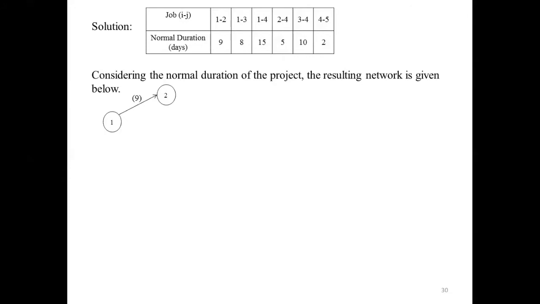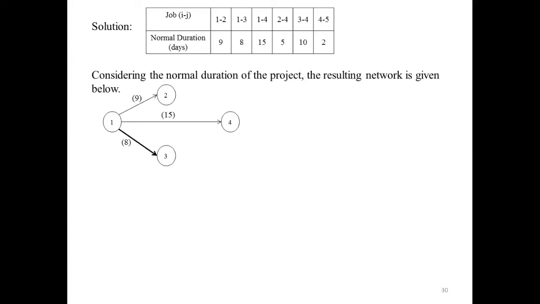Then similarly for 1 and 3, you write node 3 below node 2, and the normal duration is 8. Next we have 1 to 4, which you write in front of 1, and the normal duration is 15.